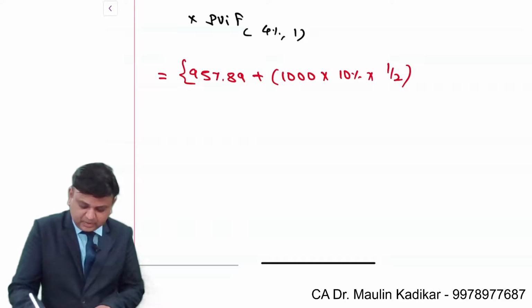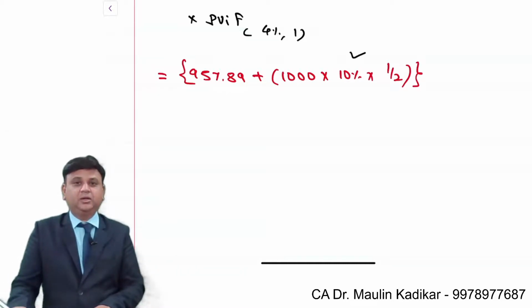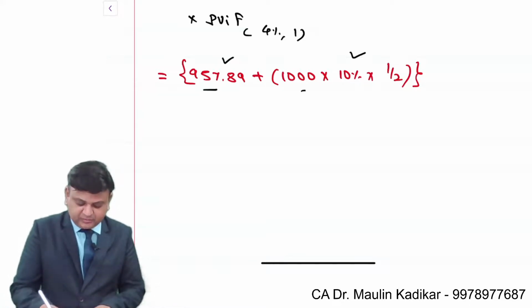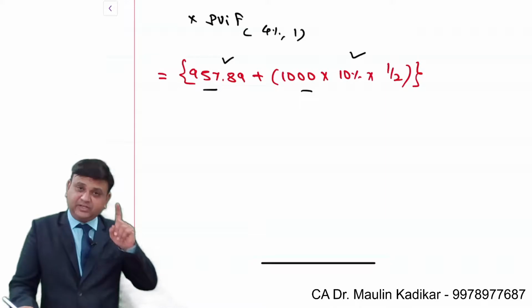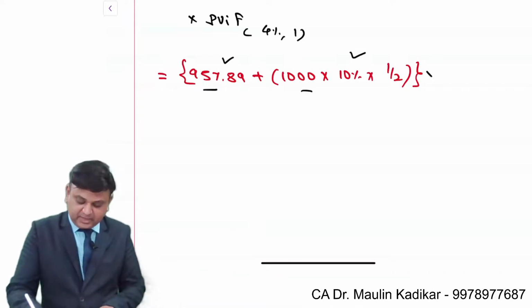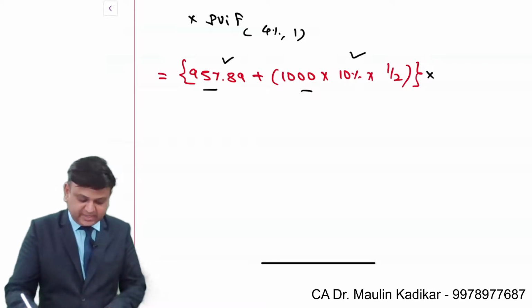So this is what you are going to receive additionally over and above this present value. And we can add both of them. Why? Because there is no difference of the time value of money between both of them. Into PVIF at the rate of 4% for 1 year. Why is it like this? That is 0.9615.